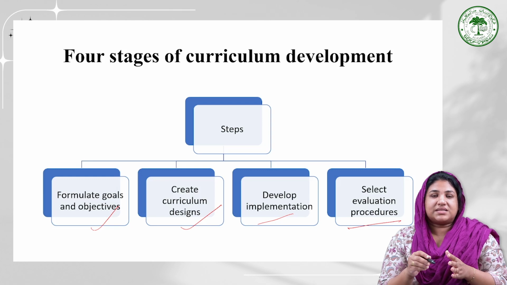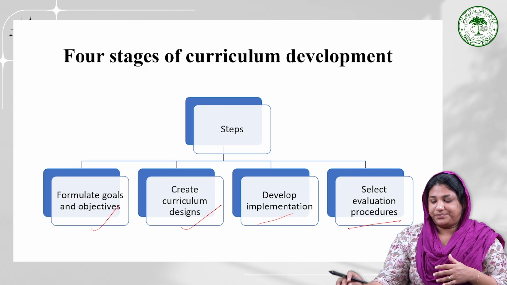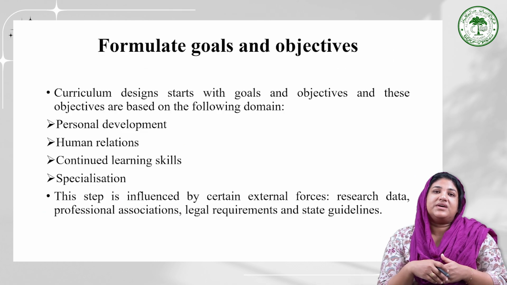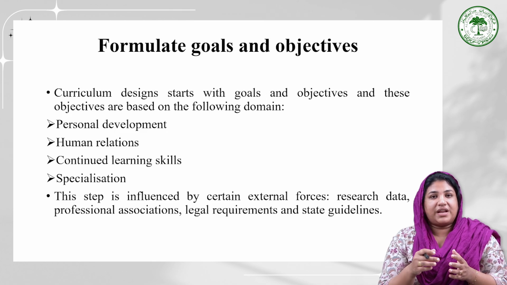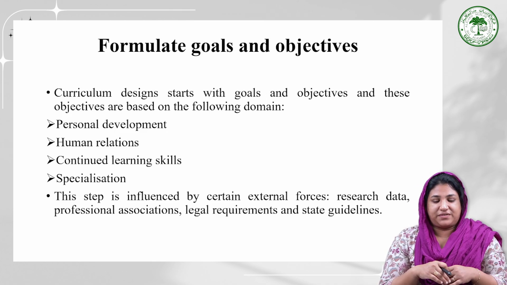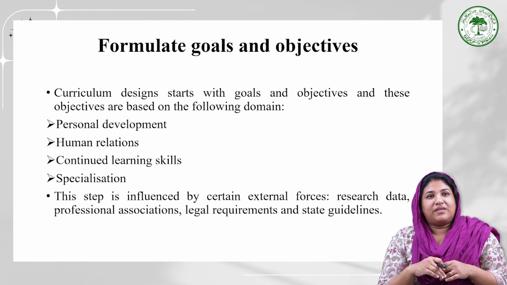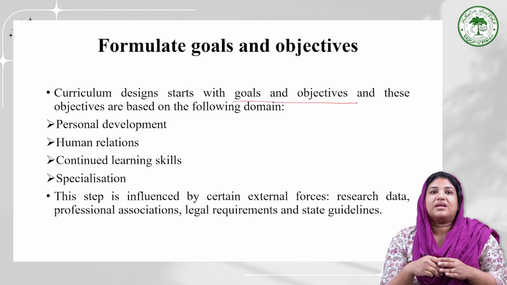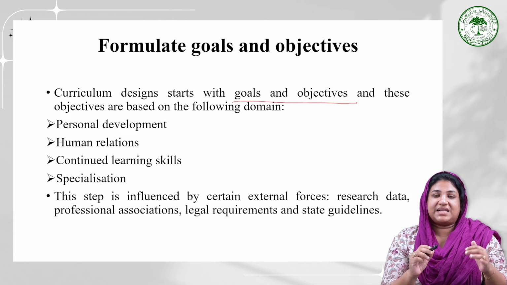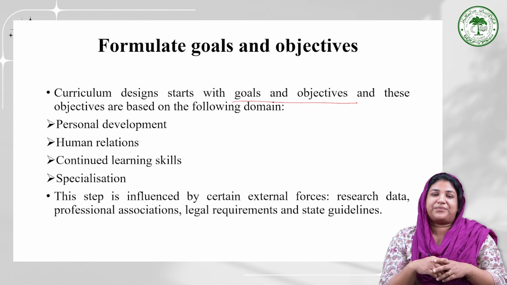So let's discuss these 4 steps in detail. The first step, as I have already told you, is to formulate goals and objectives. Curriculum design starts with goals and objectives. We should be very careful when we are setting the goals and objectives.